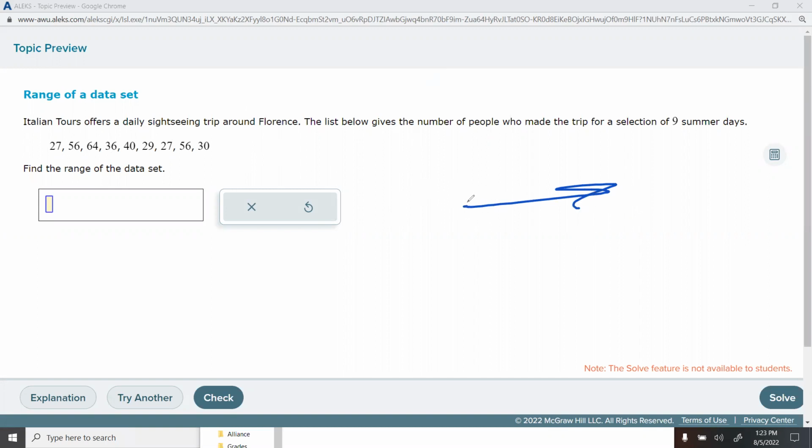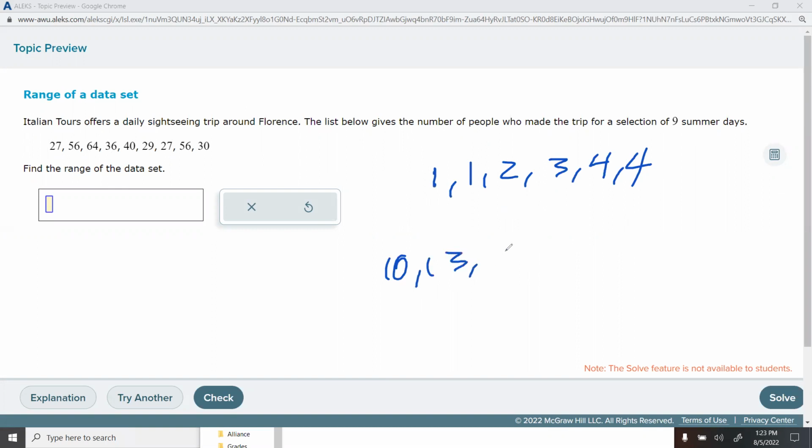For example, if I have a set of data like 1, 1, 2, 3, 4, 4, that's not really all that spread out compared to 10, 13, 28, 49, 307.